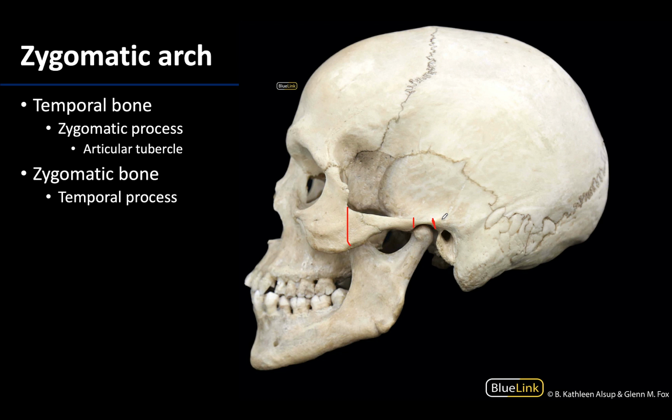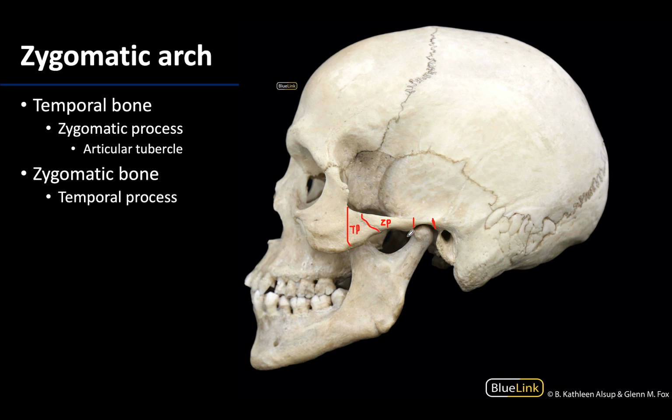And it's going to be composed of the temporal process of the zygomatic bone, as well as the zygomatic process of the temporal bone. And they join together, and you know that because you can see a suture right here. And when you add those two processes together, you have the zygomatic arch.